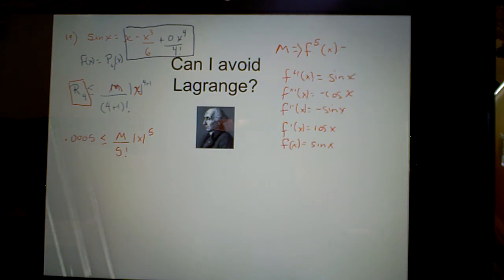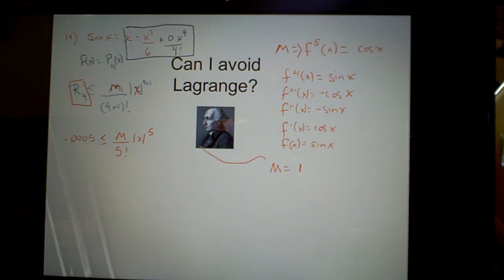And so I'm looking at cosine x. What is the maximum value of cosine x on, I don't care what interval, right? Hello, range of cosine. The range of cosine is between -1 and 1. The same with sine, shockingly, and negative sine and negative cosine. So the m that I'm going to be using is 1.